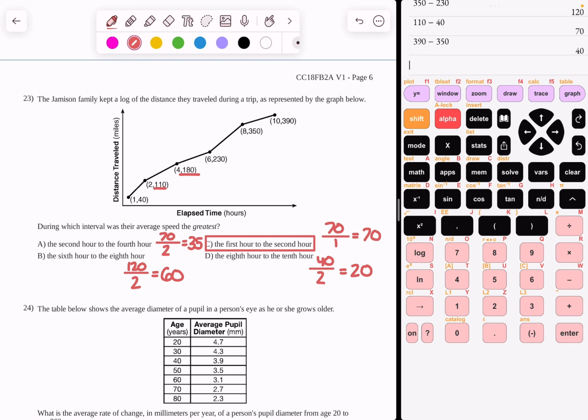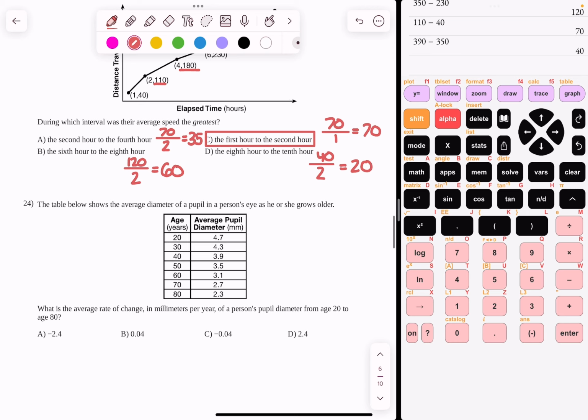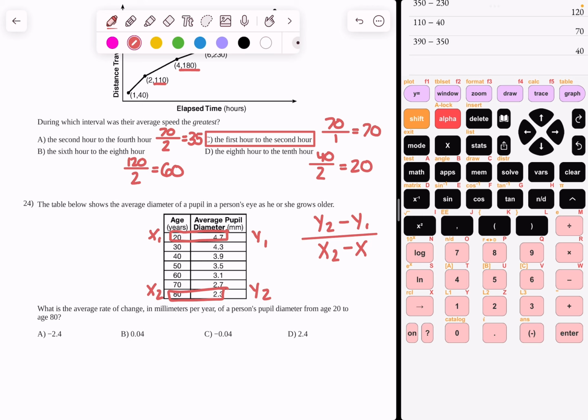Nice. All right. Let's look at 24. The table below shows the average diameter of a pupil in a person's eye as he or she grows older. What is the average rate of change from age 20 to age 80? Remember, these are our x's, so this is x1 and x2. These are our y's, y1 and y2. And we use the formula y2 minus y1 over x2 minus x1.